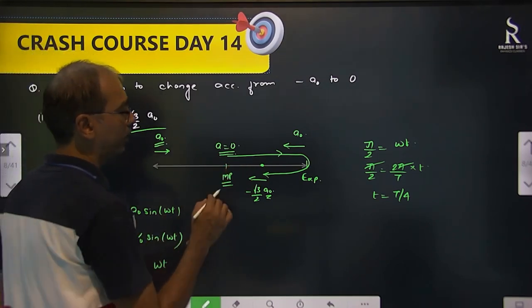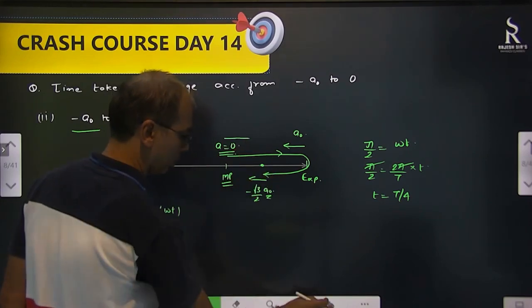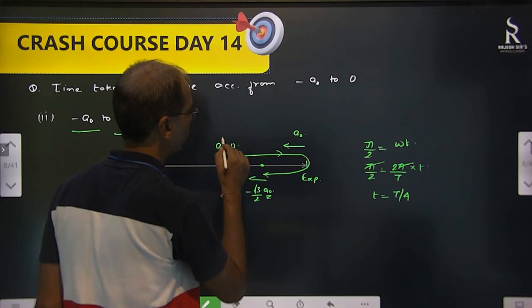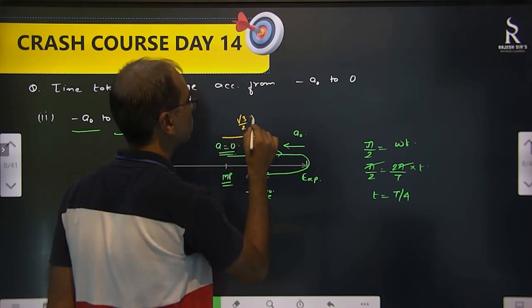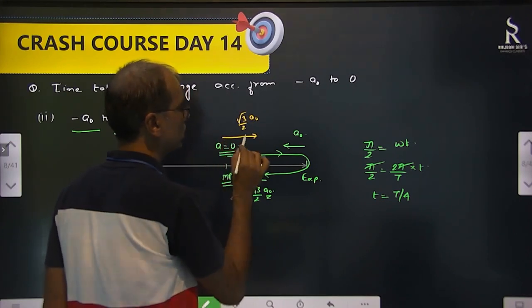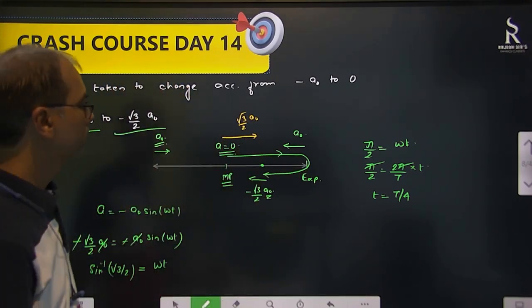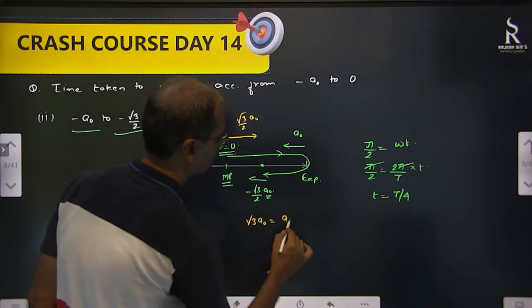Now, what would have happened if that particle was going from here to here? Here also somewhere root 3 by 2 A naught must have come, because it's increasing up to A naught. There we would have written root 3 by 2 A naught equal to A naught sine omega t.